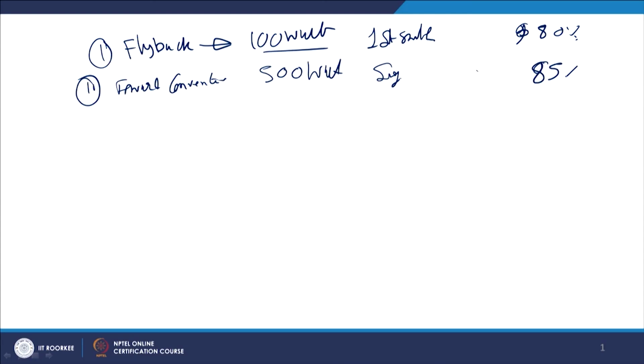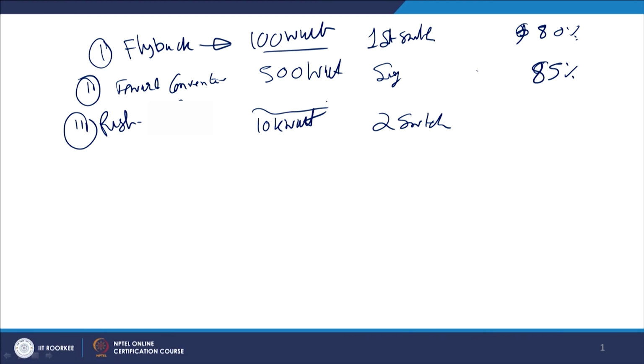So, you can expect around 85% efficiency, and thereafter it comes to the push pull, but it uses two switches, and here this can be as high as 10 kilowatt.